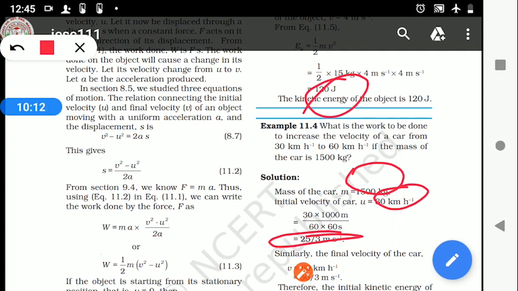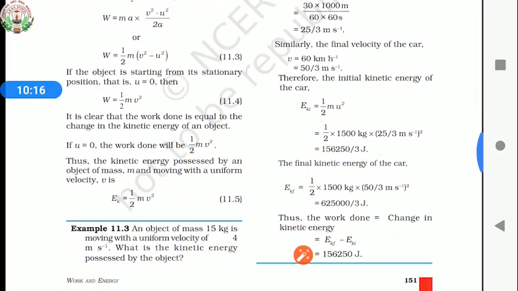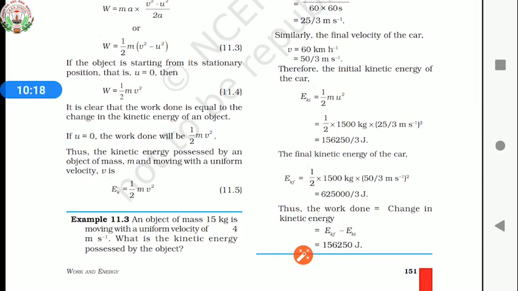Similarly, the final velocity of the car v is equal to 60 kilometer per hour. Again, we have to convert this into meter per second.